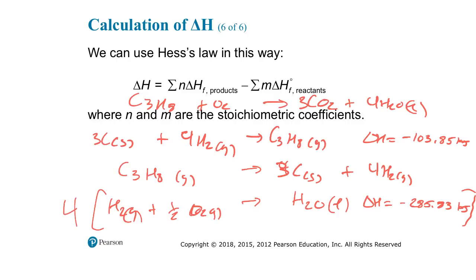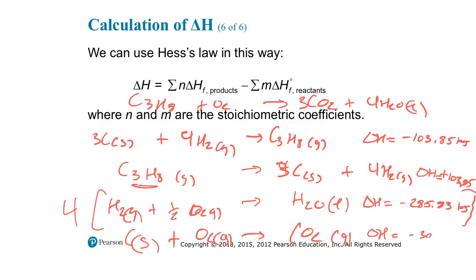So this delta H for the C3H8, we had to flip. So delta H here would be plus 103.85. And if you do the same thing for CO2, coming from carbon solid plus O2 gas going to CO2 gas, delta H of this reaction is minus 393.5 kJ.